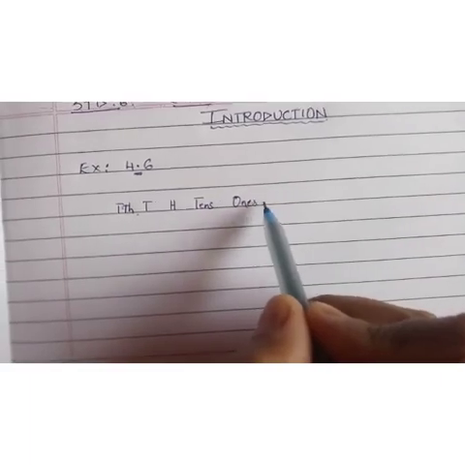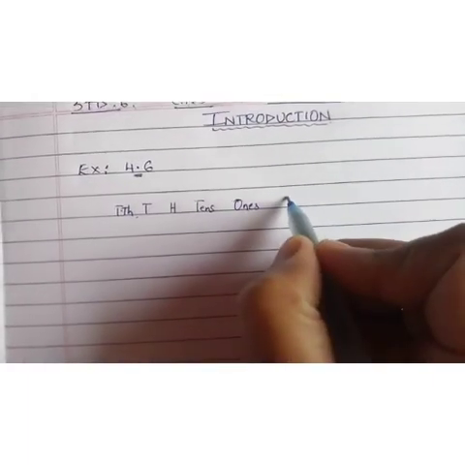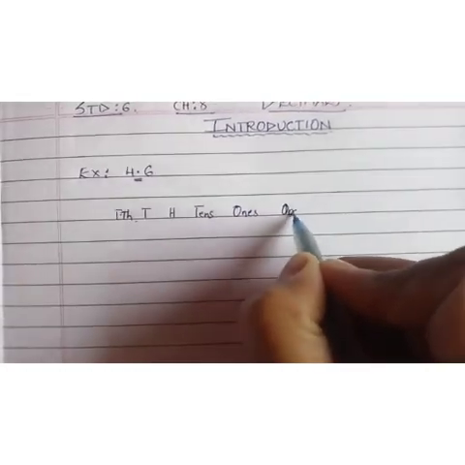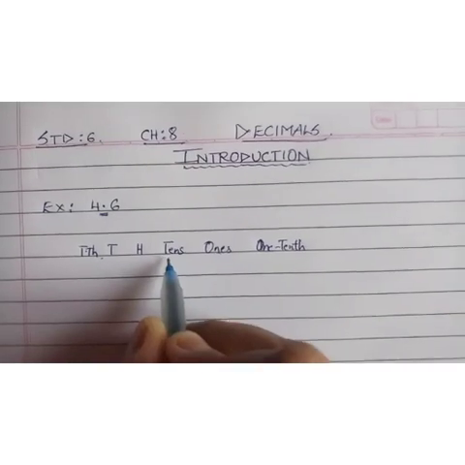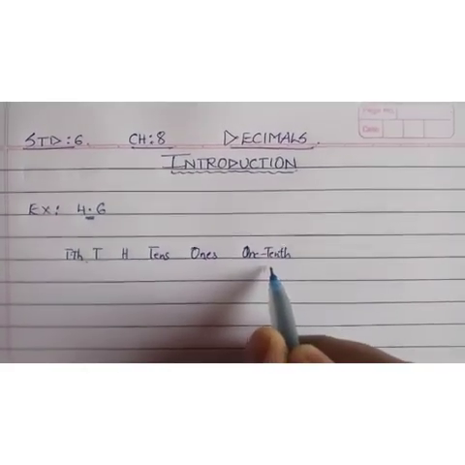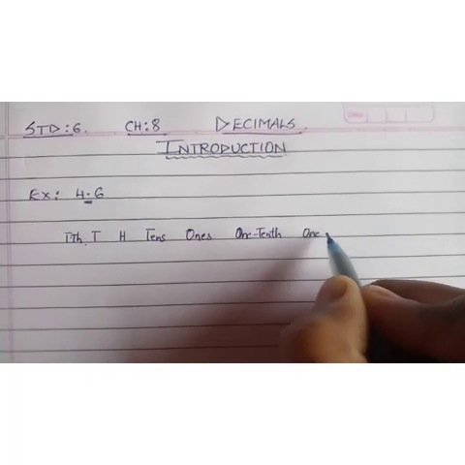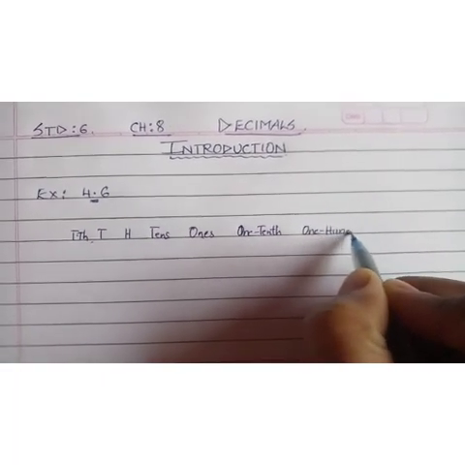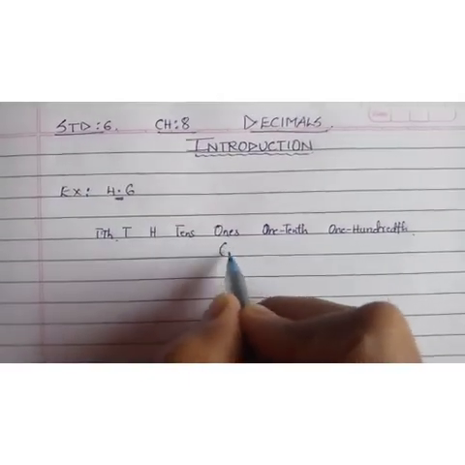Now children, what comes after ones? After ones come 1/10, tenth, whereas here we have tens, whereas here we have 1/10. Next comes 100ths, and so on. So how will you write it?